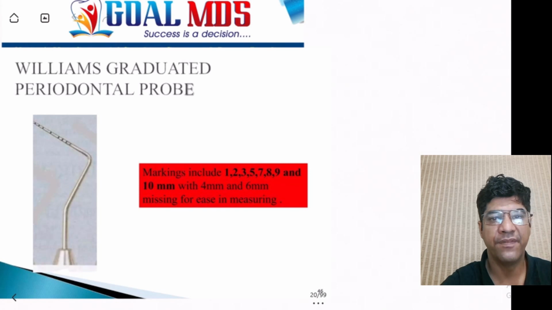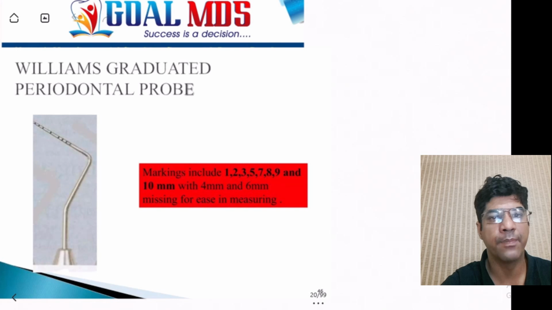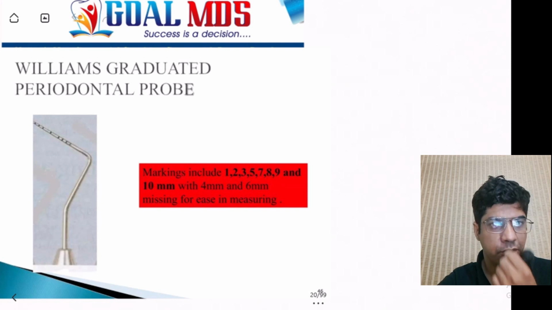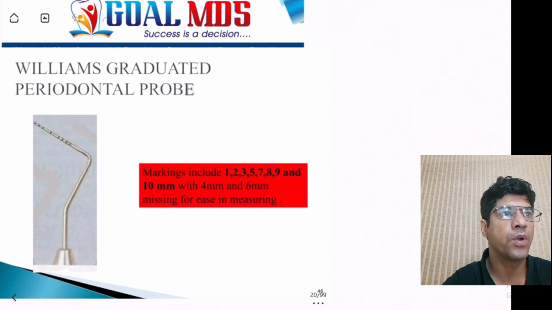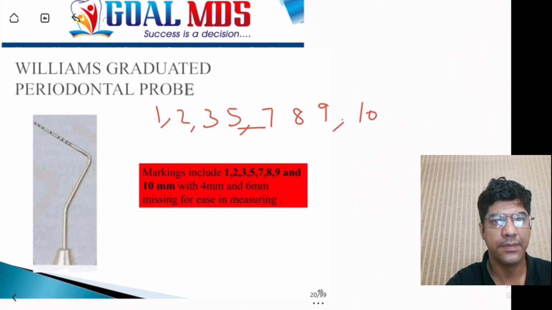So first is the Williams probe. The Williams probe is a commonly used periodontal probe. It is used to measure the pocket depth and assess the health of the gum tissue. Remember the markings on the probe are at specific points, that is 1, 2, 3, 5, 7, 8, 9 and 10.